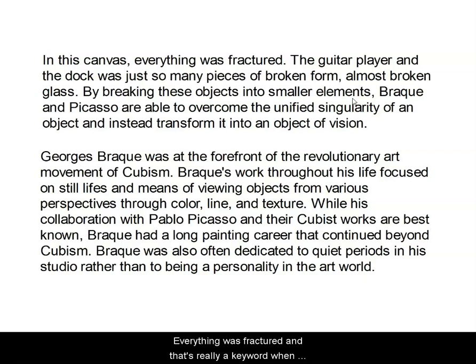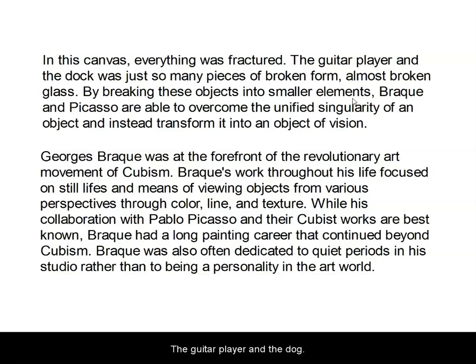That's really a key word when looking at these analytic cubist pieces: fractured. It looks like a piece of glass that was dropped on the floor and fractured into millions of little pieces with rough edges, sharp spots. I want you to keep that word in mind as you look at Braque's pieces.